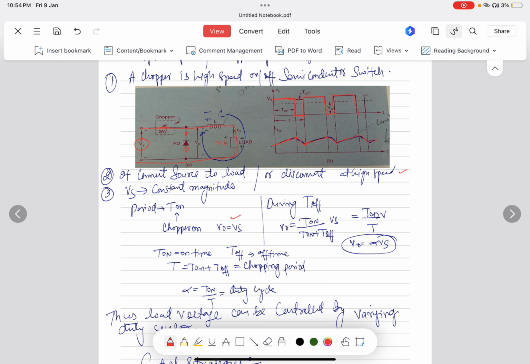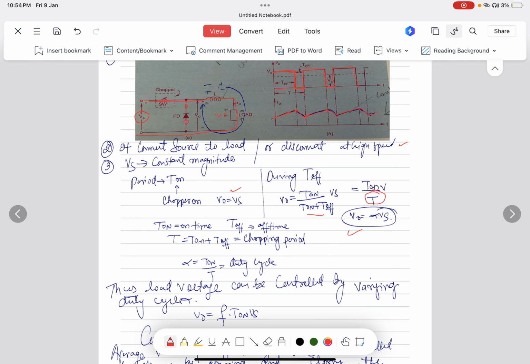Also, the output voltage is T on upon the time period. The time period here is the complete time period, that is T on plus T off. So what we get is T on by T, the time period. So the output voltage equals alpha times the source voltage. The meaning of alpha here is T on upon the time period, that is the duty cycle.